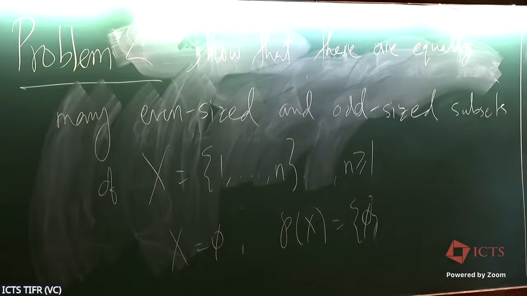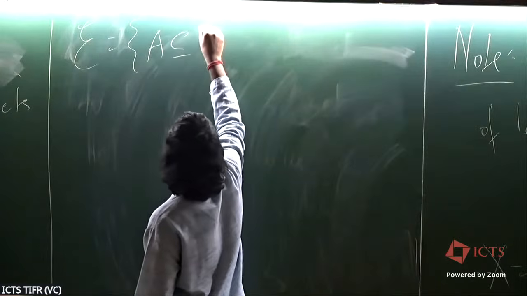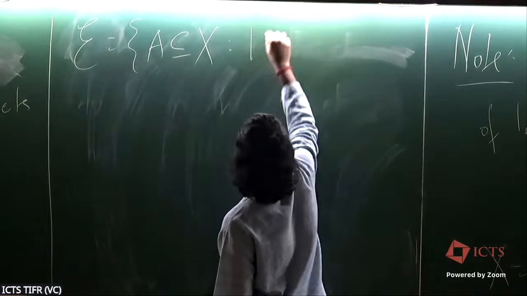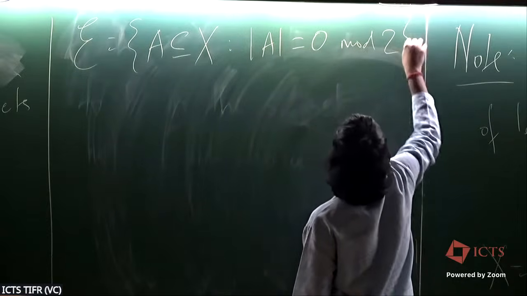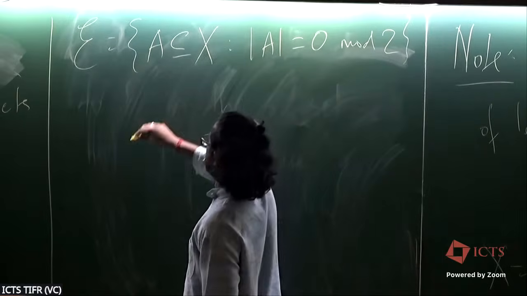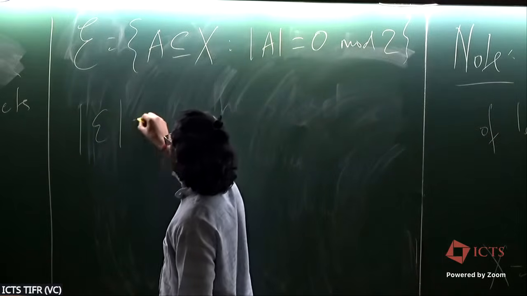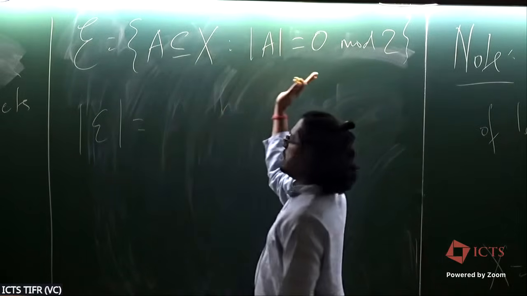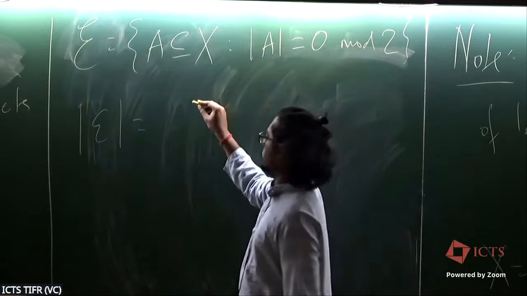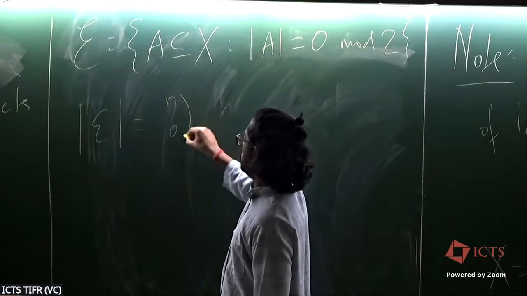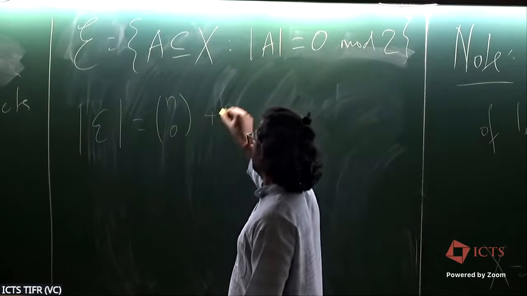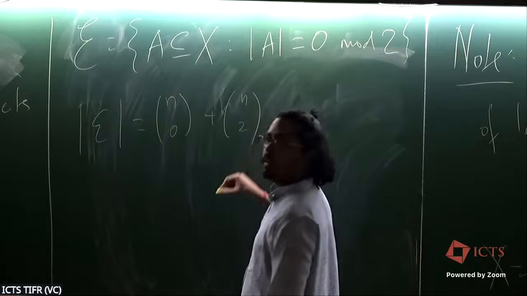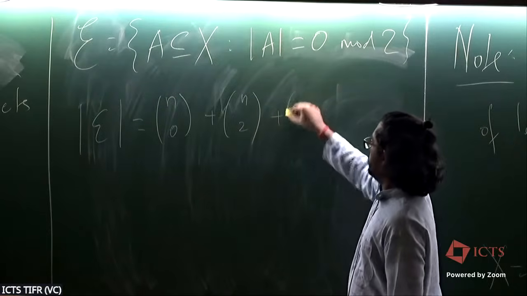All right, so let's say E is the set of all subsets of X such that the size is 0 mod 2. So what is this? It has even size, so maybe it's of size 0. There are n choose 0 ways of picking such subsets, or maybe it's of size 2, so it's n choose 2, or it's of size 4, and so on.